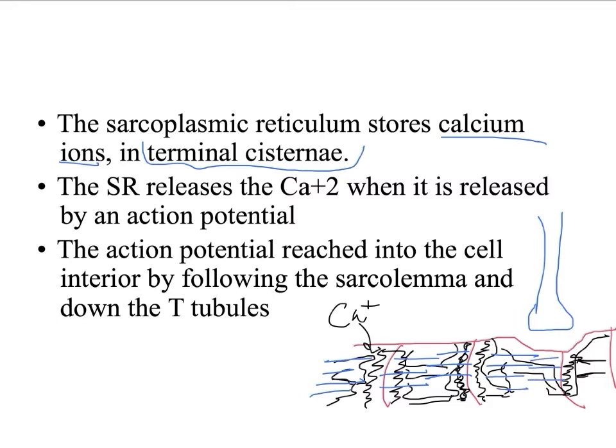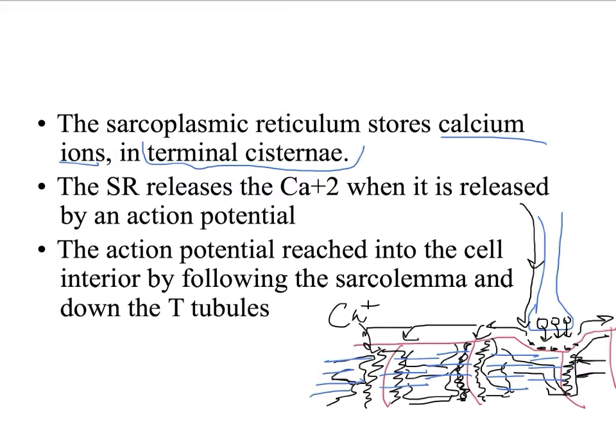So what happens now, you've got the action potential, that reversal of electric charge coming down the axon from the neuron, down into the synaptic terminal. You've got the neurotransmitter coming out of the vesicles. You've got the neurotransmitter binding to the receptors on the motor end plate. And now you've got an action potential being passed down that sarcolemma, down the T-tubules, into the muscle cell themselves.